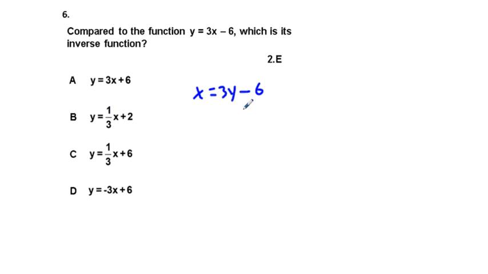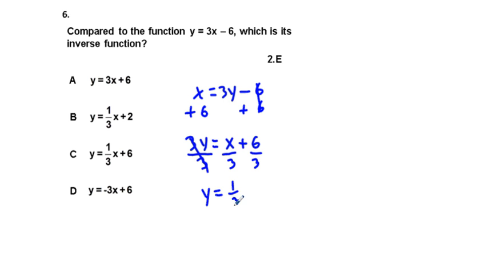And if we add 6 to both sides of the equation, we get 3y equals x plus 6. And now if we divide all terms on each side of this equation by 3, we have y equals 1/3 x plus 6 over 3, which is 2. So our correct answer is B.